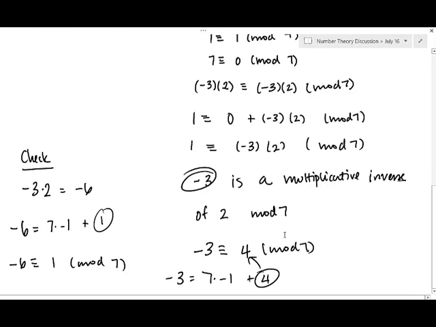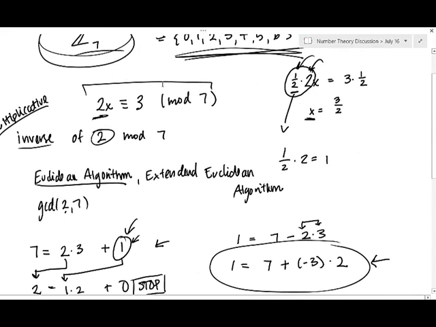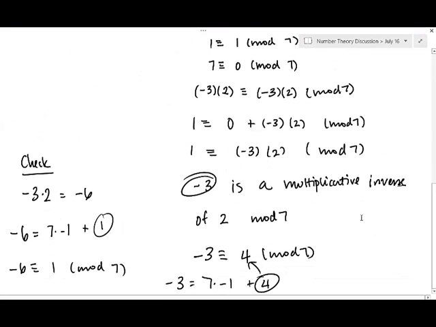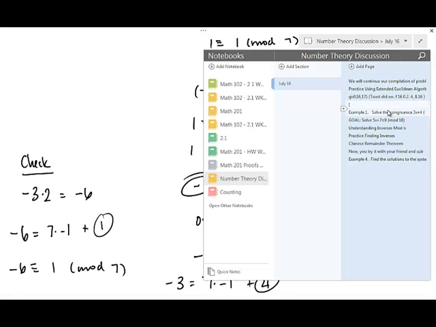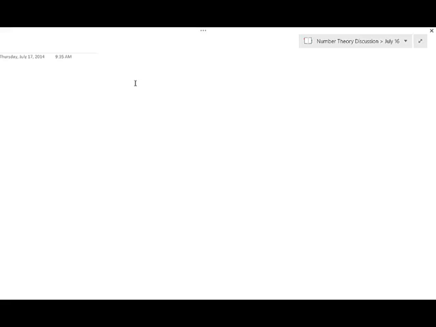Okay, so now let's use this multiplicative inverse to solve this equation here. We are trying to solve what number times 2 is congruent to 3 mod 7. And we just found out that negative 3 is a multiplicative inverse of 2 mod 7, or I can use 4.